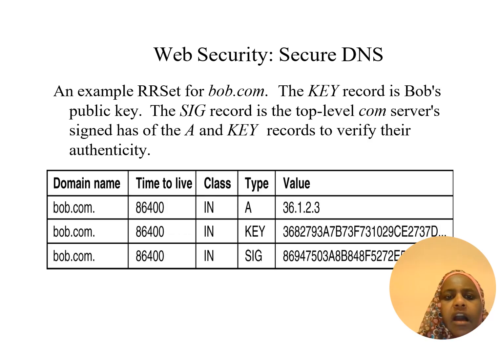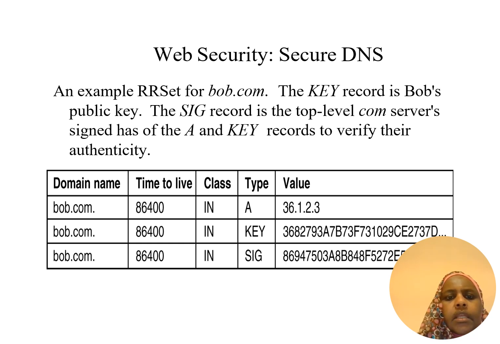Here is an example of an RR set, where there are three resource records. First, bob.com, time to live, class, type A, which means this is the IP address of Bob.